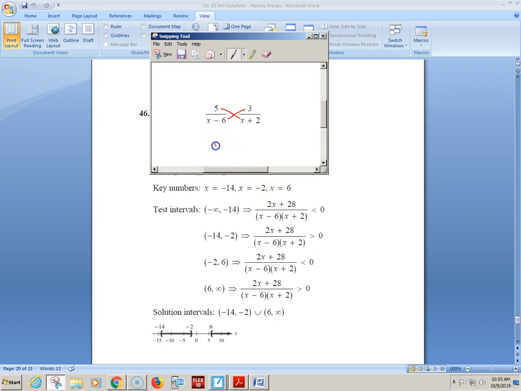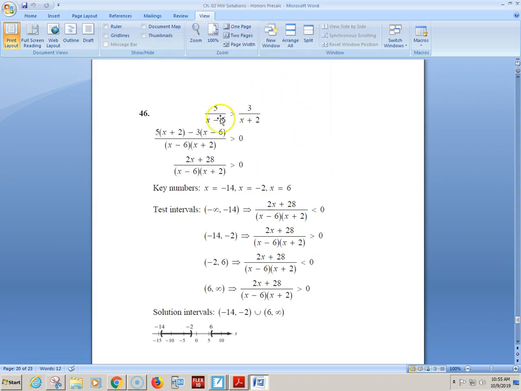And that's how they get 2x. So they just combine like terms like this. Combining like terms should have gotten that -14, because that would have been 28, and that would have been -2x, which would have gotten you -14. So that would have been a lot faster. They just did a really snazzy common denominator trick.